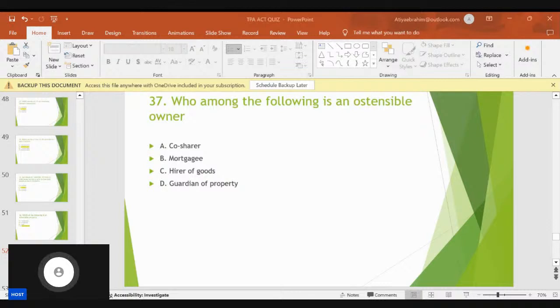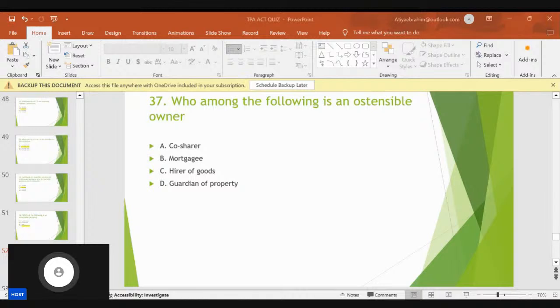So I'll only tell you the correct answer is co-sharer. Because when a co-sharer occupies the position of any property, तो क्या होता है, he looks like the ostensible owner to the property fully, right? So co-sharer is the correct answer here.